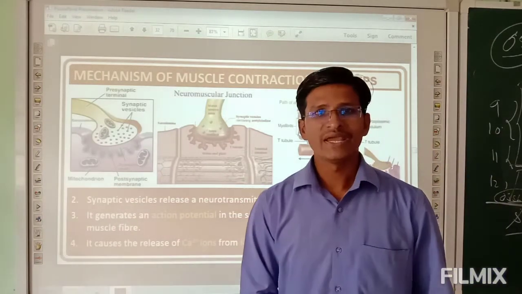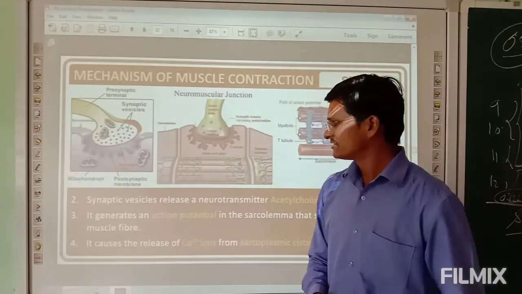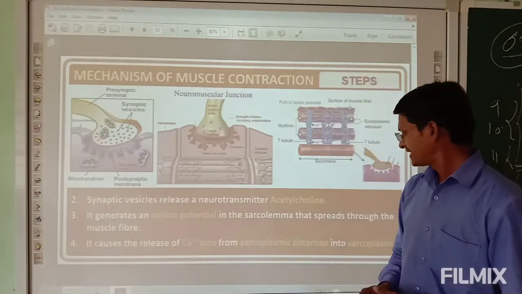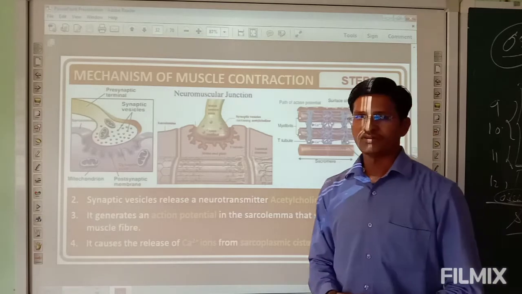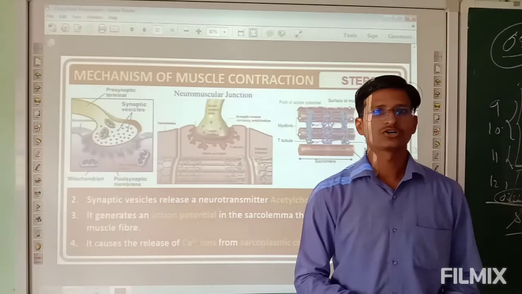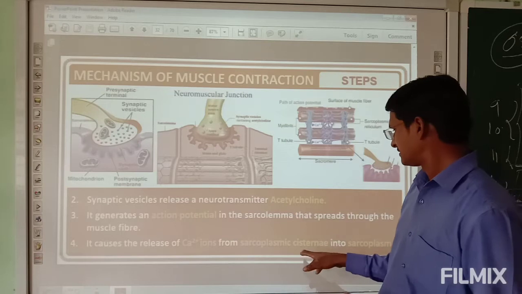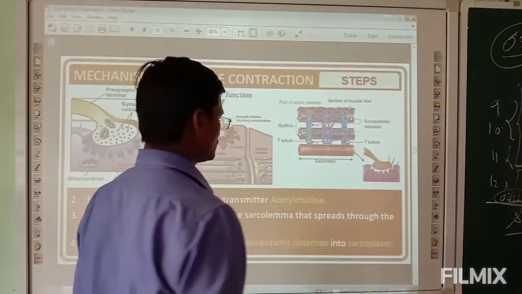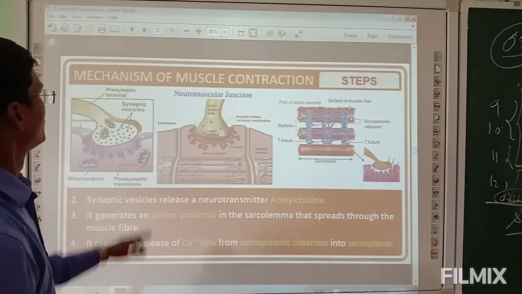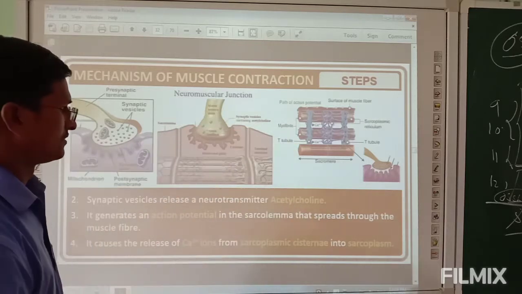Acetylcholine is the main chemical released by the nervous system, and it generates an action potential in the sarcolemma that spreads through the muscle fiber, and it causes the release of calcium ions from the sarcoplasmic cisternae into the sarcoplasm. Okay, so that you have to understand. You can see here the neuromuscular junction and sarcoplasm.